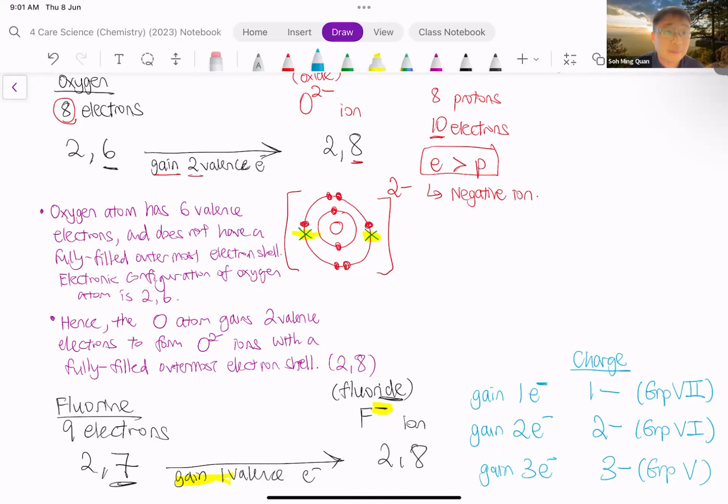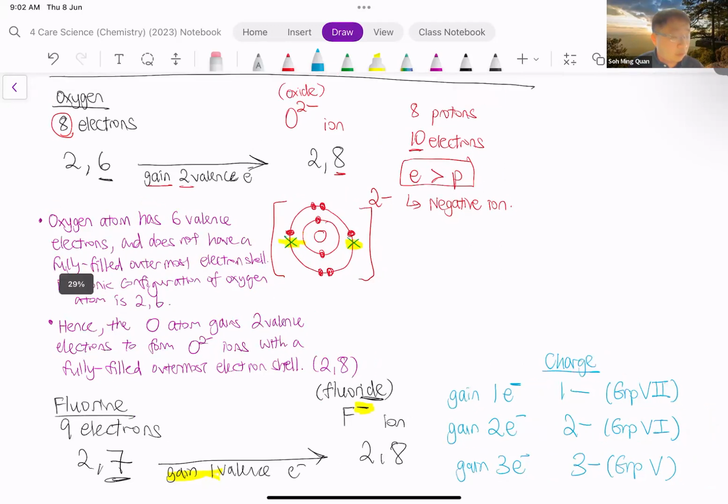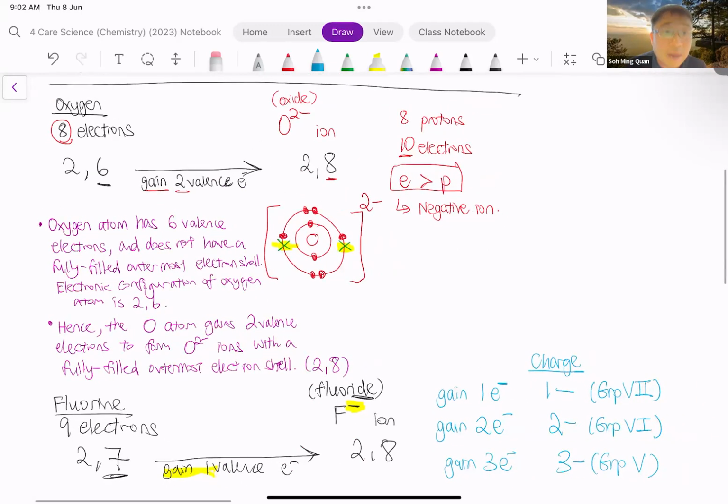And this is a very important rule to bear in mind. Okay? So before we move on to the last part, which is ionic compounds, how do we draw ionic compounds? Can you please ensure you have copied down these things? And once you have done so, please also give me a thumbs up so that I know you're done.